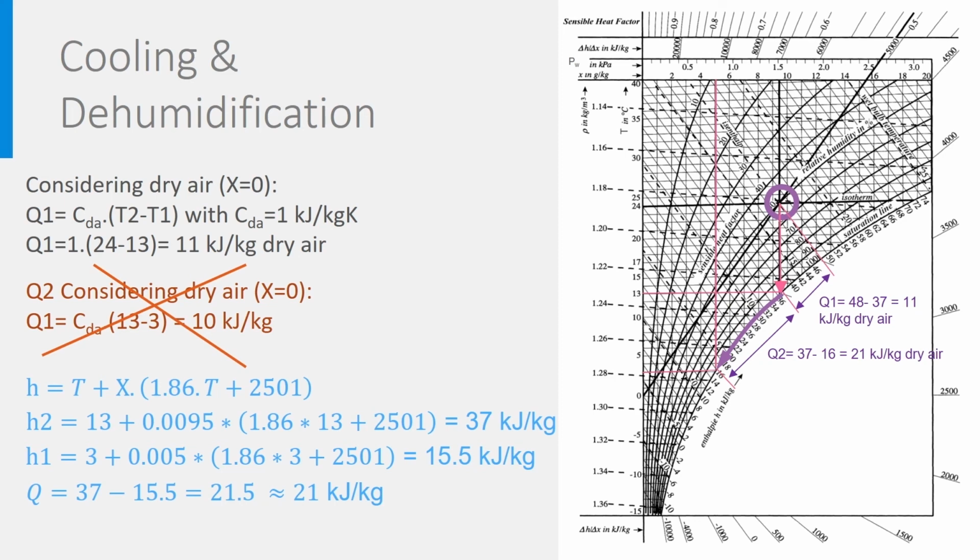The needed heat is therefore the difference, which is a bit more than 21, very similar to what we found in the diagram. So, when the absolute humidity changes, we cannot neglect anymore the energy content of the water vapor, and this comes mainly from its high latent heat of evaporation, 2501 kilojoule per kilogram.